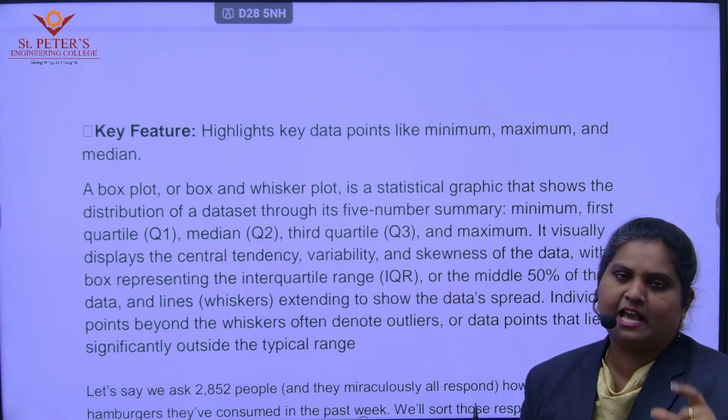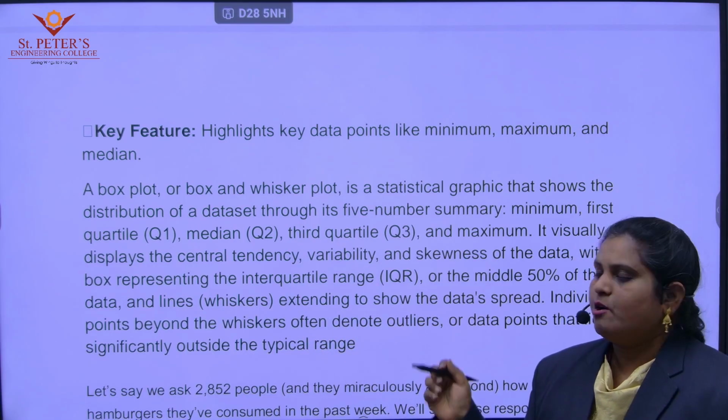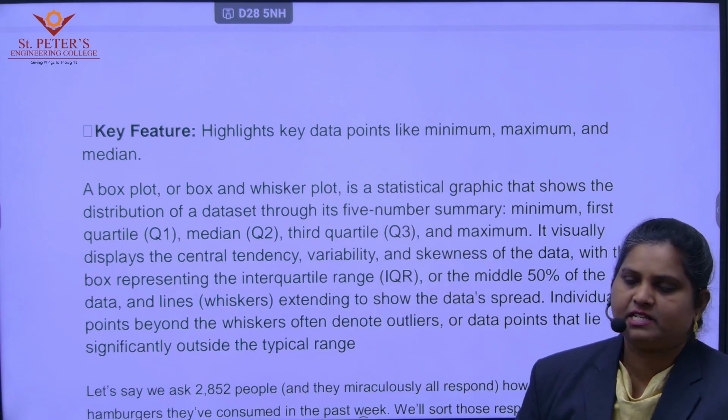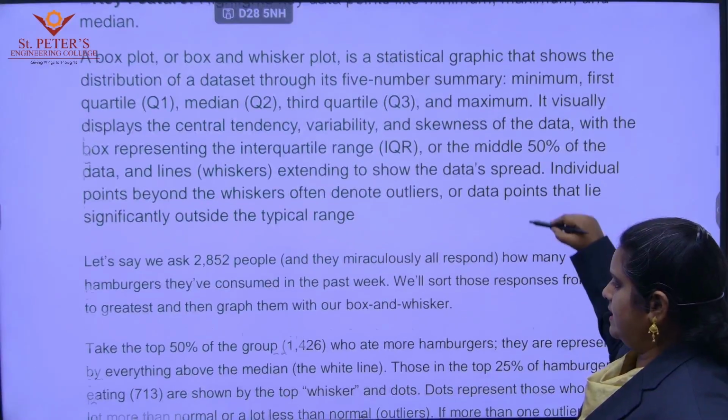The lines they use in this chart have a technical name, whiskers. That is the main thing of this chart, and here I have taken an example.